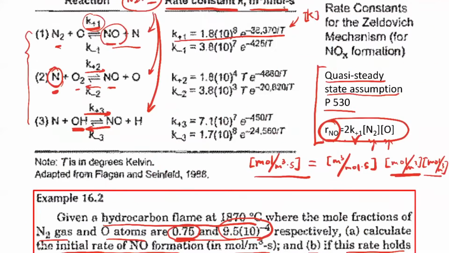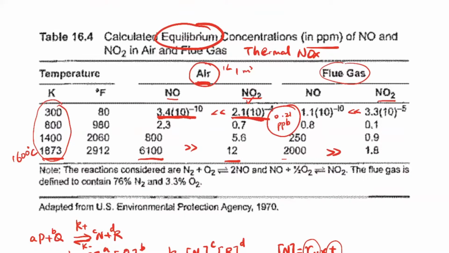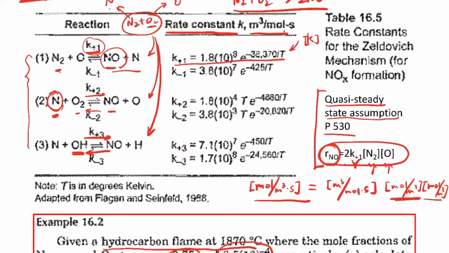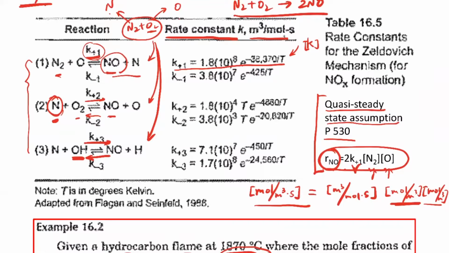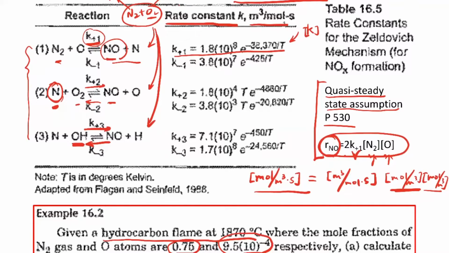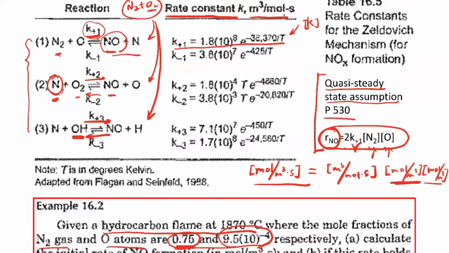Again, I want to point out that we can only use the equilibrium constant when we assume that it's under equilibrium, and that takes a very long time to reach. To more accurately determine the concentration of the nitrogen monoxide or nitrogen dioxide, we have to use the rate constants or the reaction rates to solve for the concentration of these nitrogen oxides.